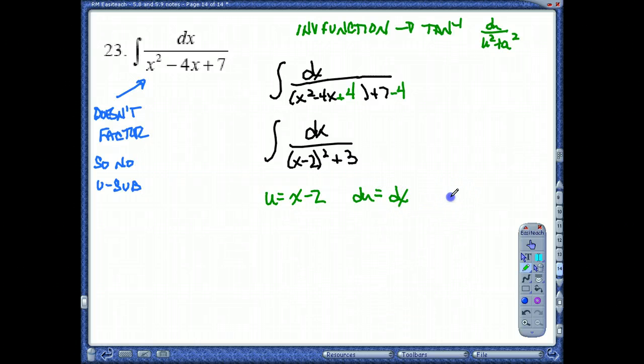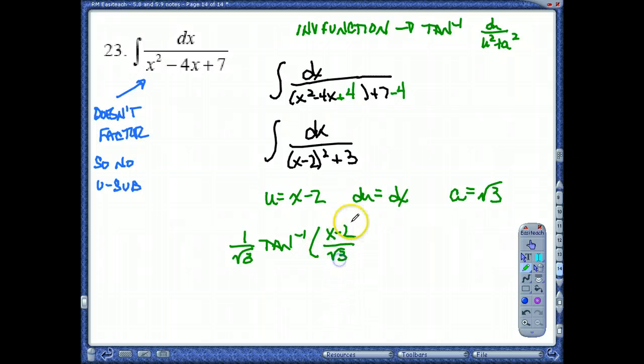Woohoo! And then a is going to be, 3 is a squared, so a is going to be the square root of 3. Now that we have all the parts, inverse tangent is 1 over a times the inverse tangent of u divided by a plus c.